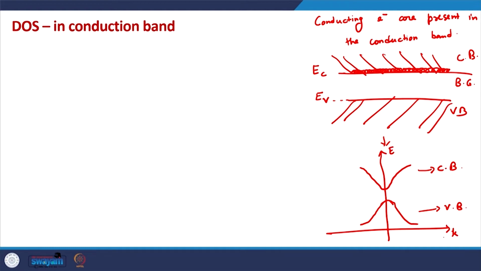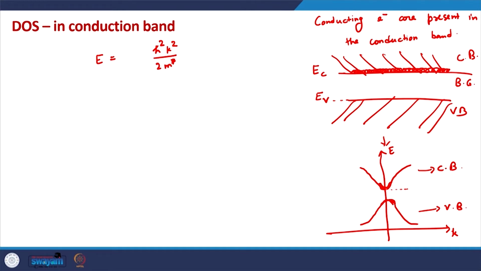And at the top of the valence band and at the bottom of the conduction band, generally the EK relationship is parabolic. So, we can use this parabolic relationship, h bar square k square divided by 2m star.